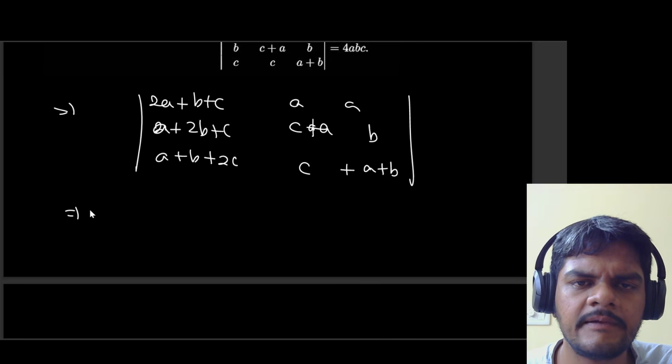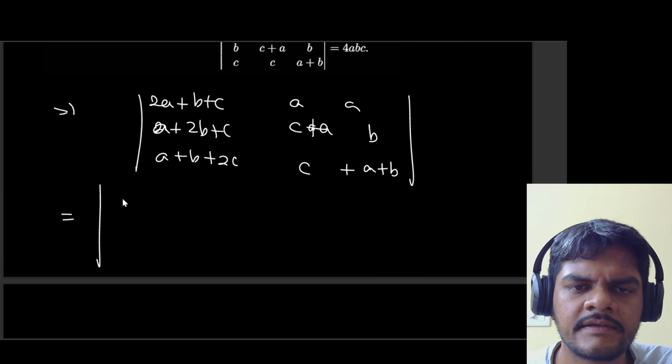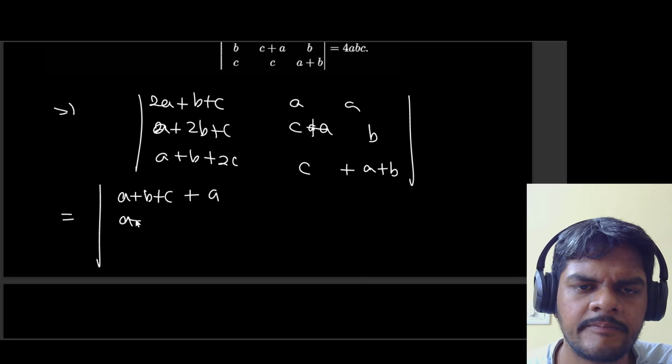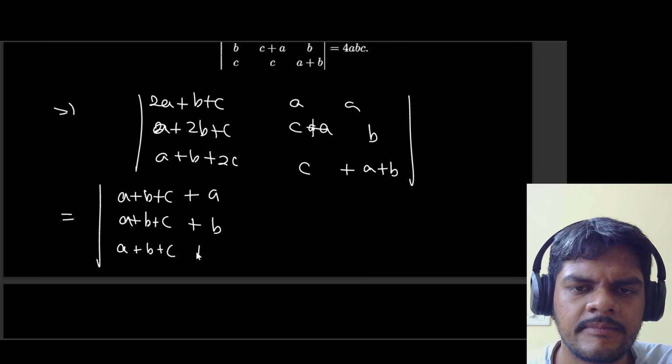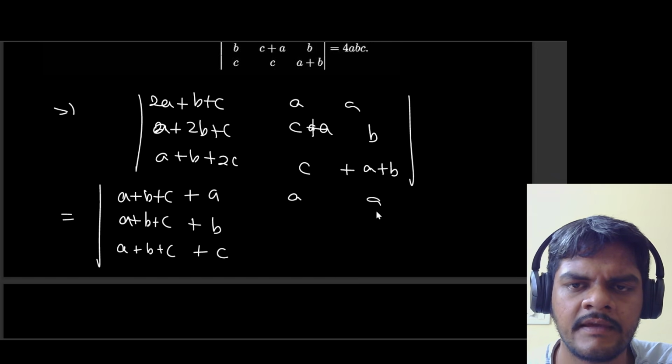Now this will imply this is equal to writing it as A plus B plus C plus A, A plus B plus C plus B, A plus B plus C plus C, with the other columns unchanged. Right?